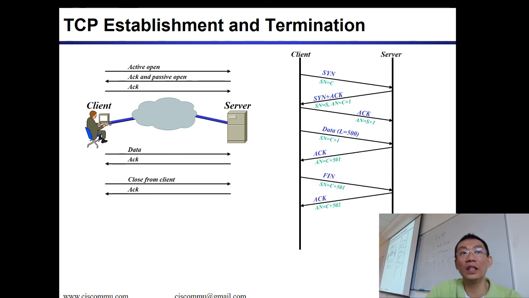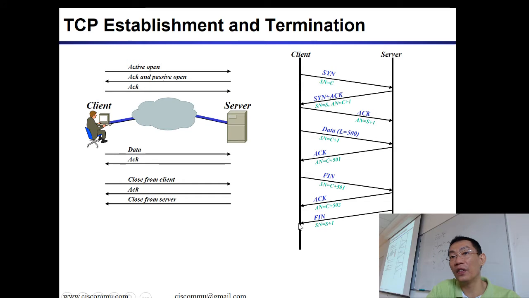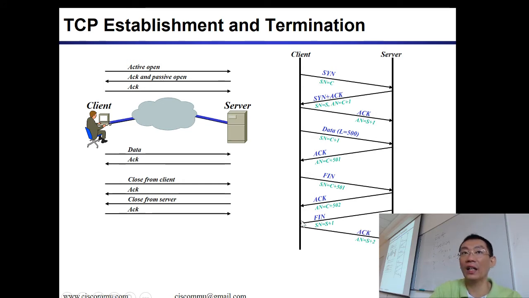When you finish, you can close from the client: you send a FIN, then the ACK, then the server will send a FIN and then send an ACK. So the closing can be client initiated or can also be server initiated. If it's server initiated, you will see this first. If both ways, then this is connection termination.